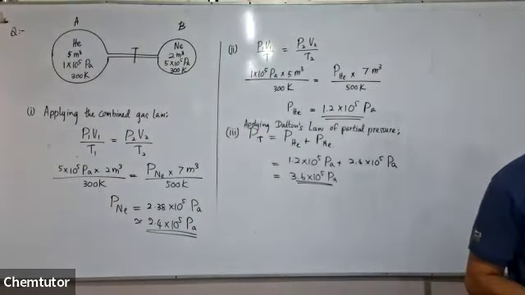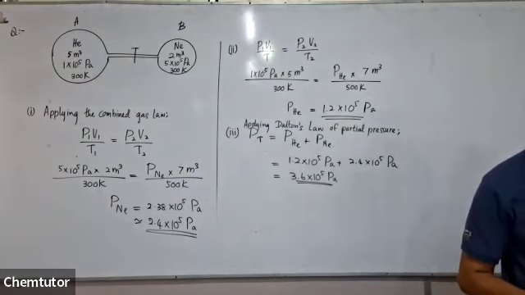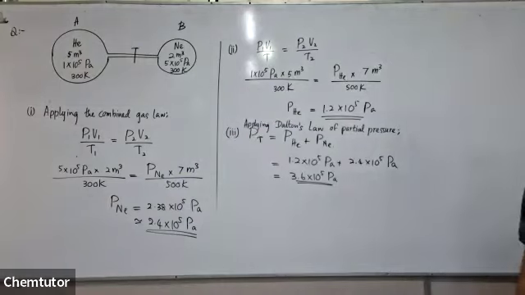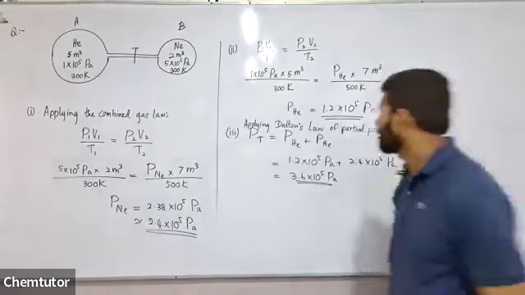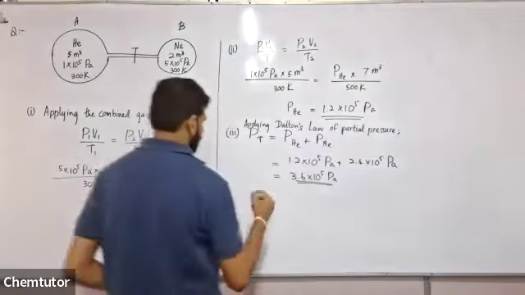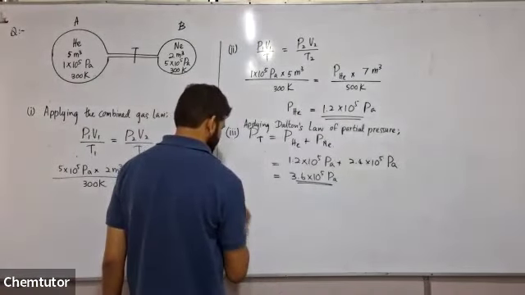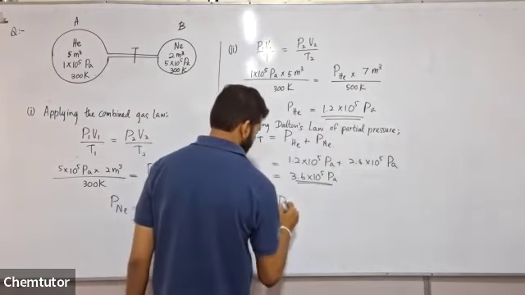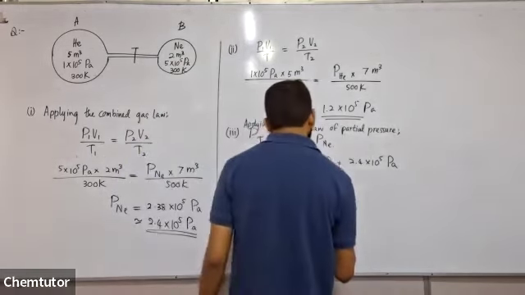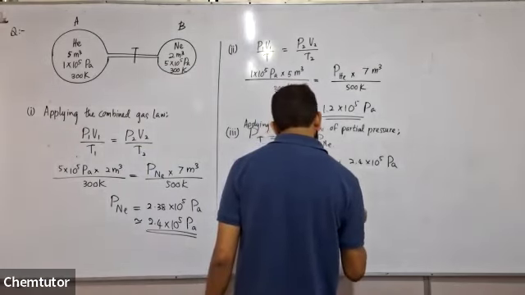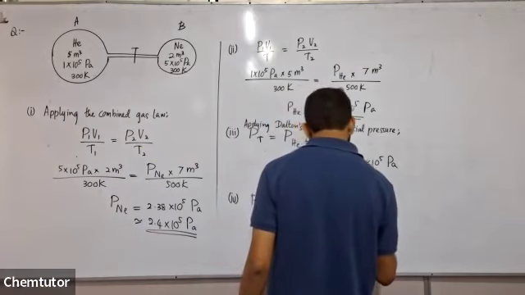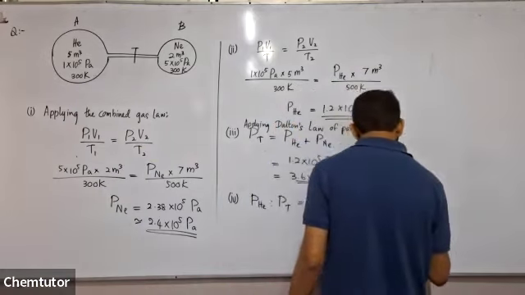Okay. Then we calculate the ratio of partial pressure of helium to total pressure. So partial pressure of helium is 1.2 into 10 to the power 5, is to 3.6 into 10 to the power 5.